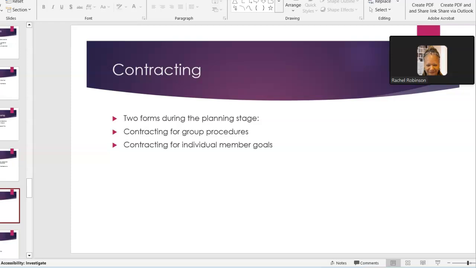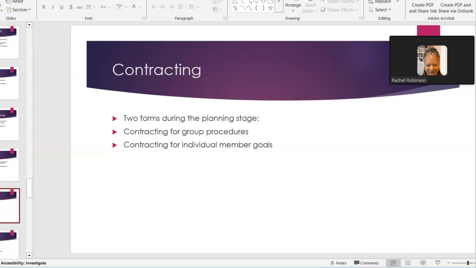So in terms of contracting, there's contracting for group procedures. Once again, what needs to be in place, the duration of the group, the type of group, the time of the group, all of those things, those group procedures, there's got to be a contract about that. And then contracting for individual member goals.